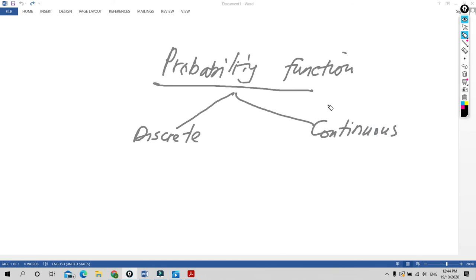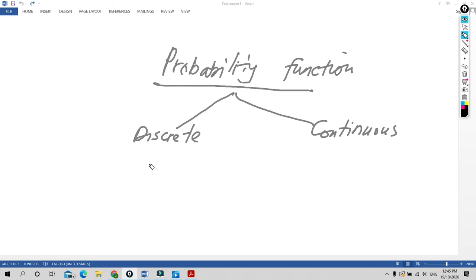So you have discrete and continuous. For discrete, to find the value you have to do a summation. This refers to whole numbers; there is no rational number.